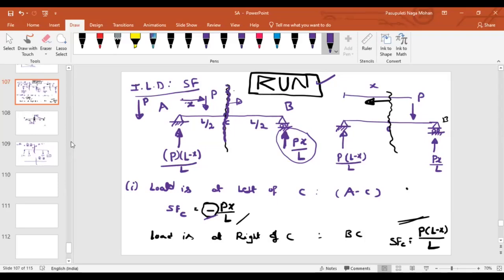So we are taking the load, right? Okay, sir. Here the point is, just for simplified purposes, I am telling you to take it from the right. Even if you don't want to take it from the right, you can take it from the left too. You will get the same answer. If your load is in between A to C and you take the shear force at point C, you will get it as negative only.